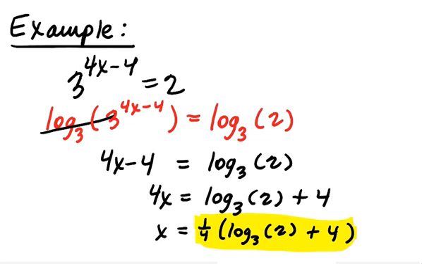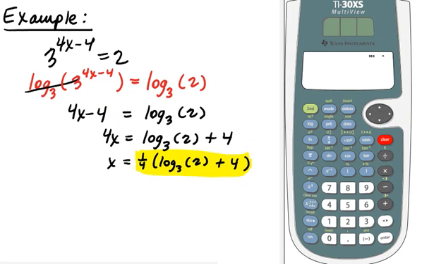Should we need an approximate answer, we can go to the calculator. It's got a pretty weird looking thing, so I'm going to just do that real quick. What I would recommend doing is just write it exactly like you see it on your sheet of paper.